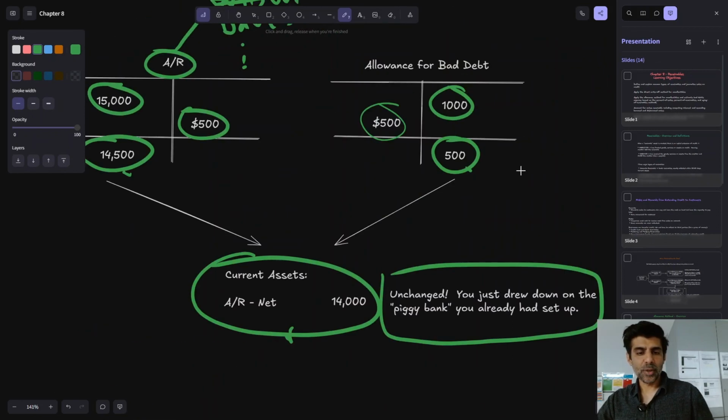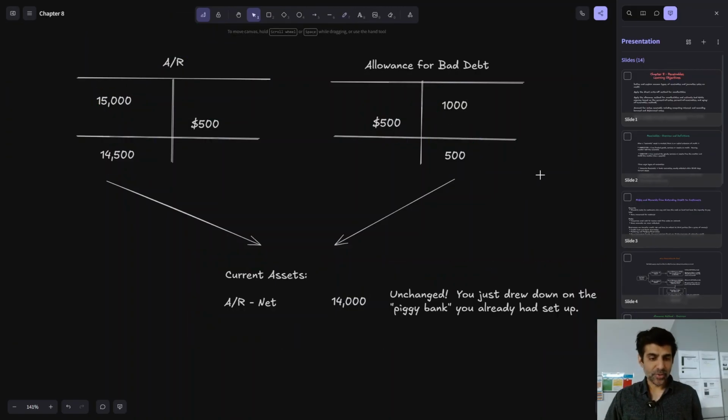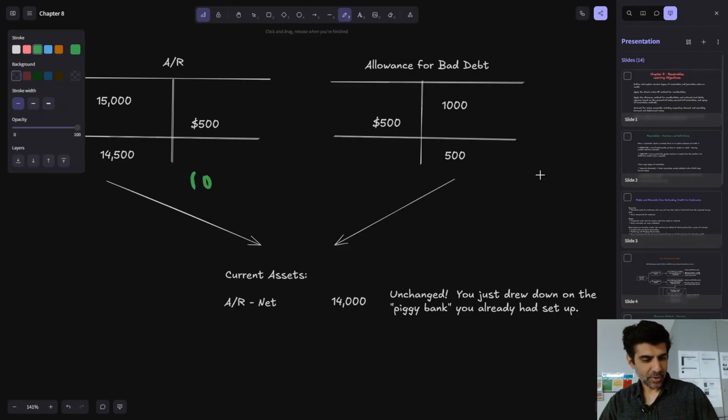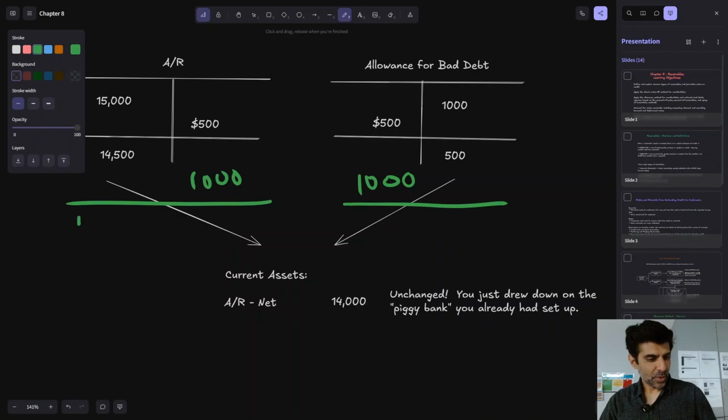So of course, this could be a problem. Let's say there's another write-off for $1,000. Okay, so now we would have to credit 1,000 again here, some other customer, and we'd have $1,000 here. So now this is going to be 13,500, and this is actually going to turn into a debit balance, 500.